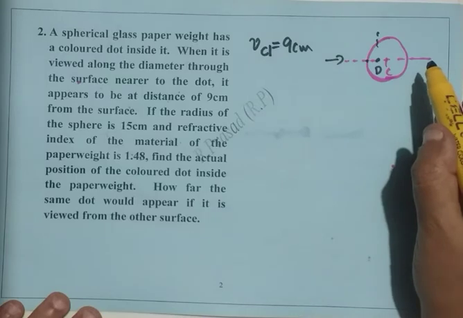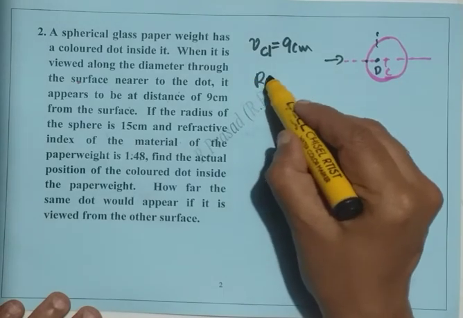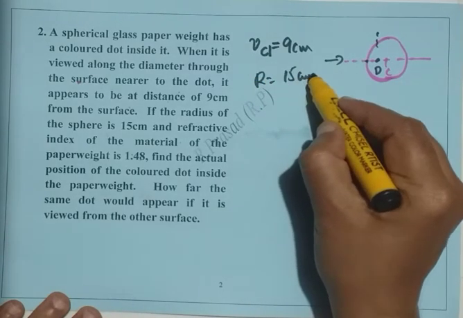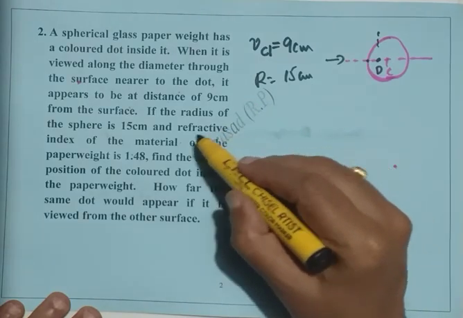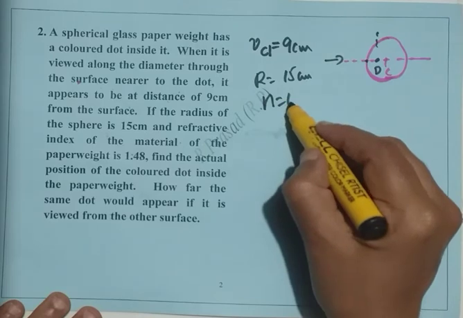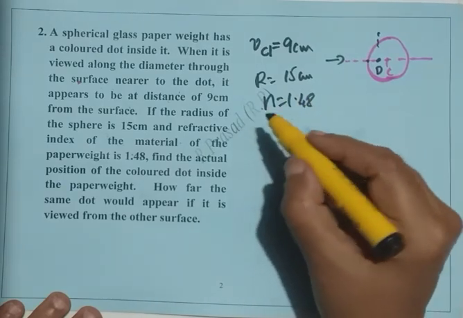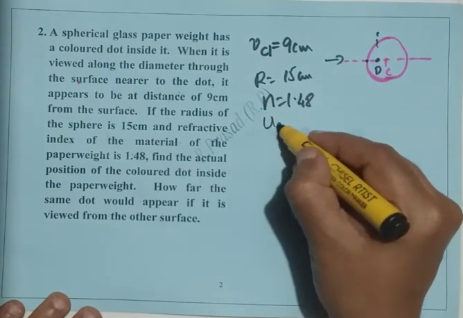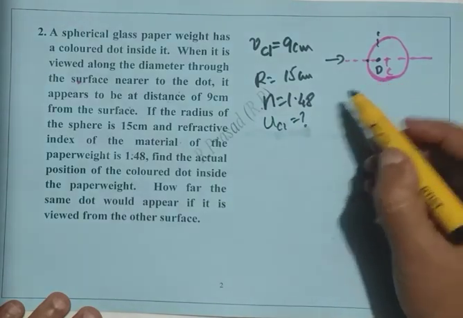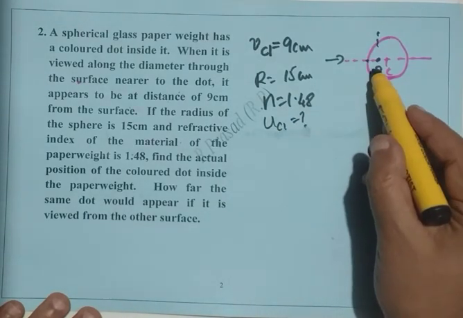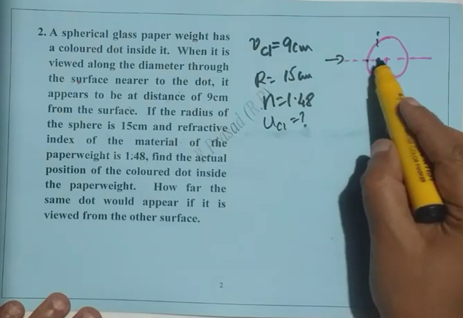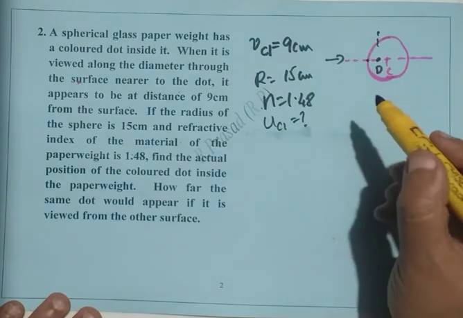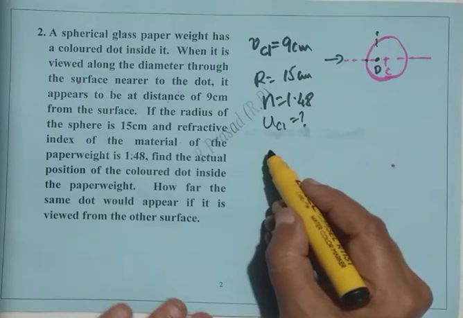Then the radius is given to be 15 cm, and the refractive index is 1.48. We are asked to calculate UC1, that is the object distance or dot distance from the surface nearer to it. So UC1.